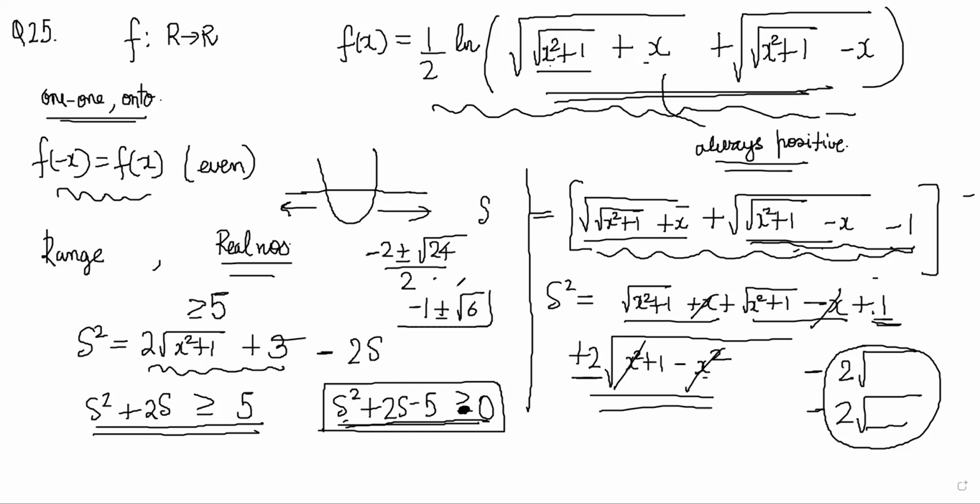This is minus 1 plus root 6, and this is minus 1 minus root 6. So this inequality is true when s is greater than root 6 minus 1, or s is less than minus root 6 minus 1. That time you have s square plus 2s is greater than 5.